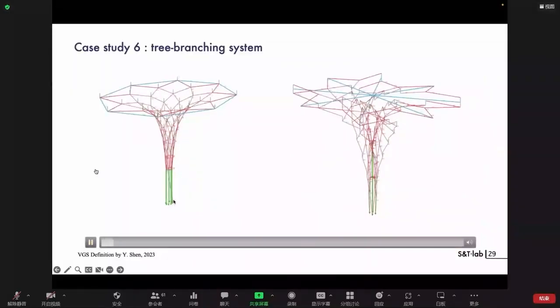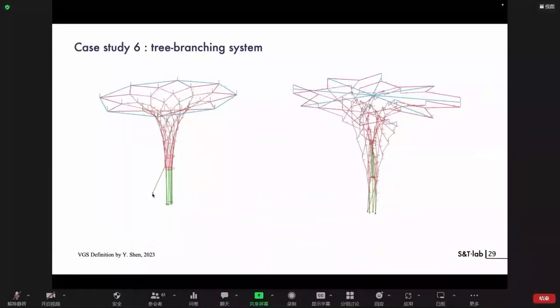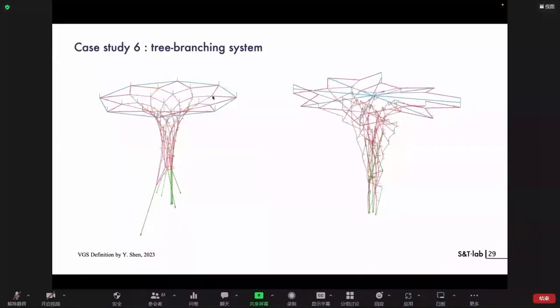There you see the manipulations on the tree branching system, with some manipulation on the reaction forces, and you will also see manipulations on the form diagram and on the position of some points of the structure. You can see at the same time on the force diagram that it adapts automatically from the form diagram.